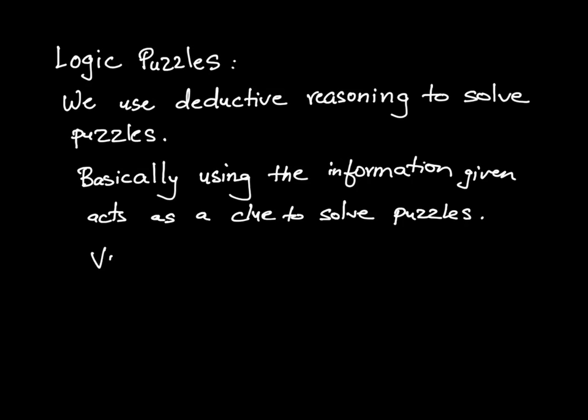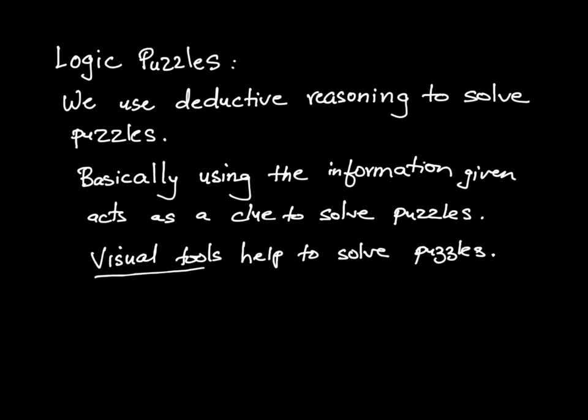It is really important to use visual tools, right? Because that will help you organize your thoughts, and your clues will not be lost. Because usually what happens is, when we write things not in an organized way, the pieces of information that are crucial could get lost.